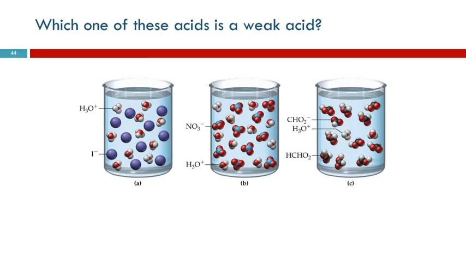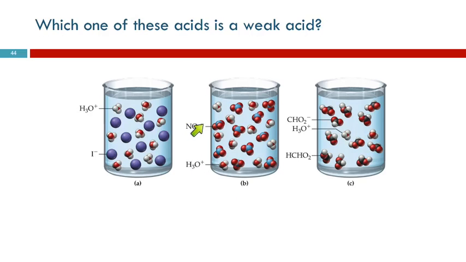So looking at these beakers, which is a weak acid? What are you looking for? A weak acid only ionizes a little bit, so you'll see molecules, not just ions. So here we've got hydronium ions and iodide ions.